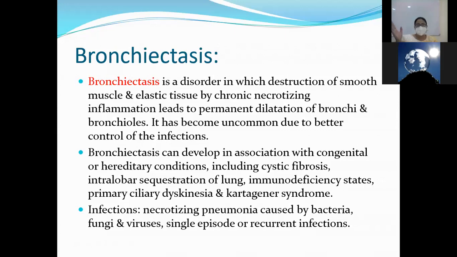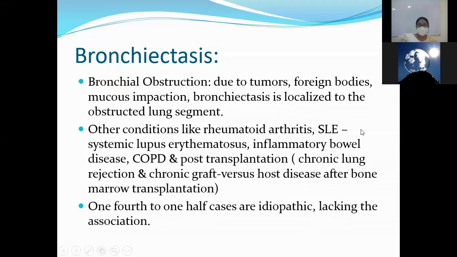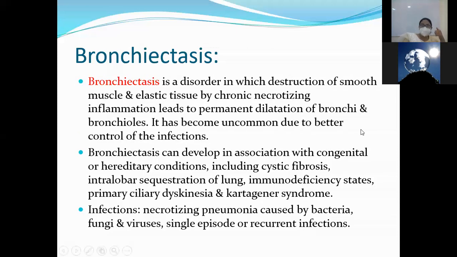In MCQs, anyone can ask. And you must know all these names, okay? Bronchiectasis is associated with congenital or hereditary conditions like cystic fibrosis, intralobar sequestration of lung, immunodeficiency states, primary ciliary dyskinesia, and Kartagener syndrome. Infections like necrotizing pneumonia caused by bacteria, fungi, and viruses.